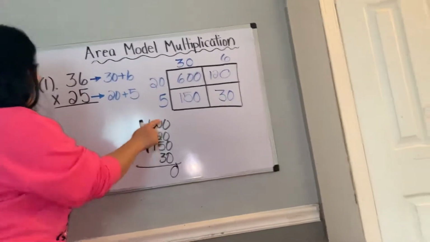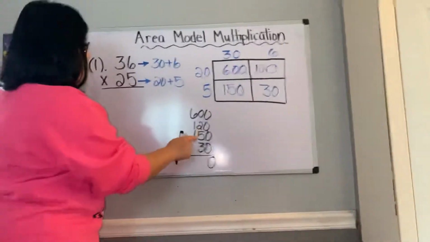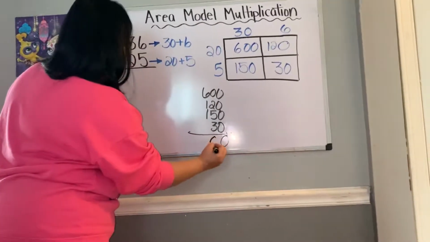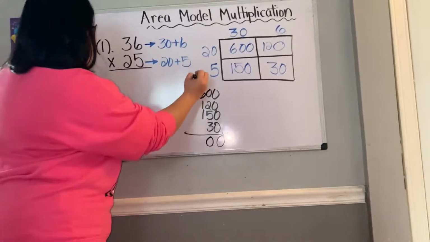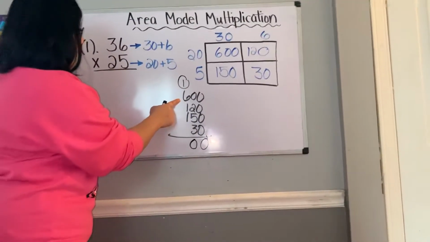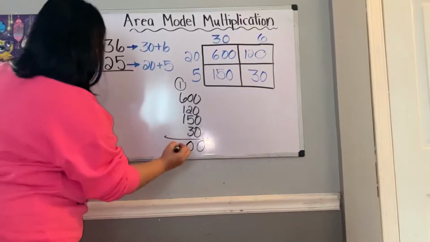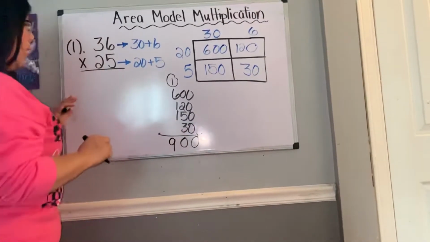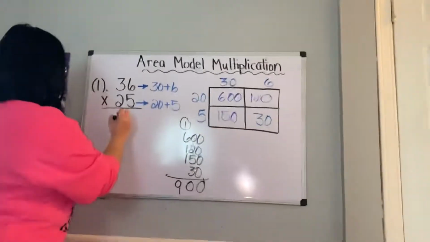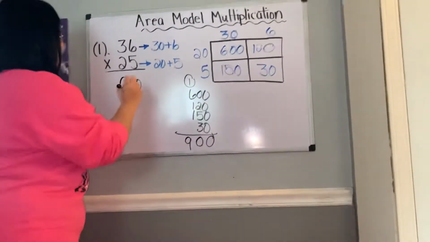In the tens place, we have 0 and 2 equals 2. 2 plus 5 is 7. 7 plus 3 more is 10, so we will log our 0 in the tens place and regroup the 1 in the hundreds place. So 1 plus 6 is 7, 8, 9. Our final answer is 36 times 25 equals 900.